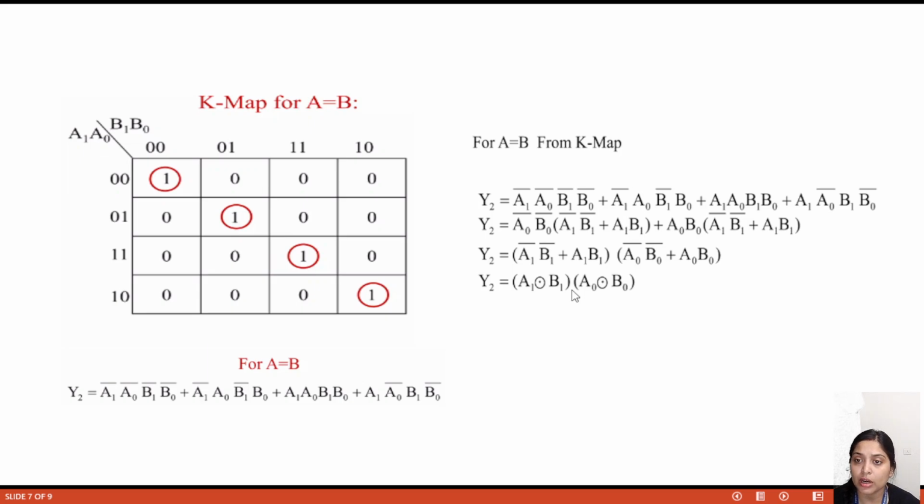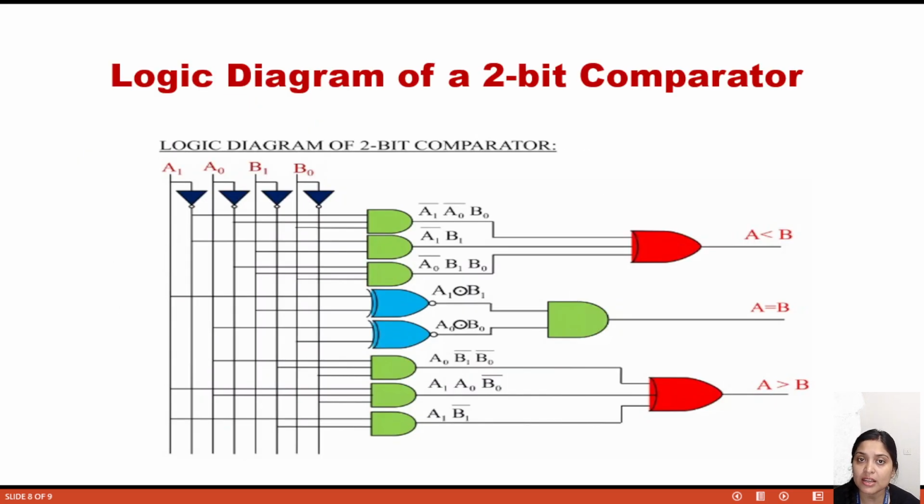Now we have to draw the circuit diagram also. The question will come in this way: what is a comparator, and design the 2-bit comparator based on your principle. First of all you have to write what is a comparator, what is a 2-bit comparator, and how we compare.